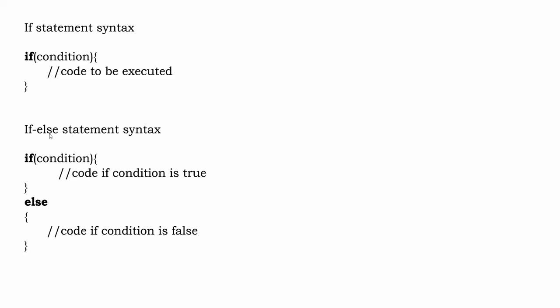In case of if else statement, if one condition you are going to give is satisfied, then it will come to this block. Otherwise it will come to the else block.